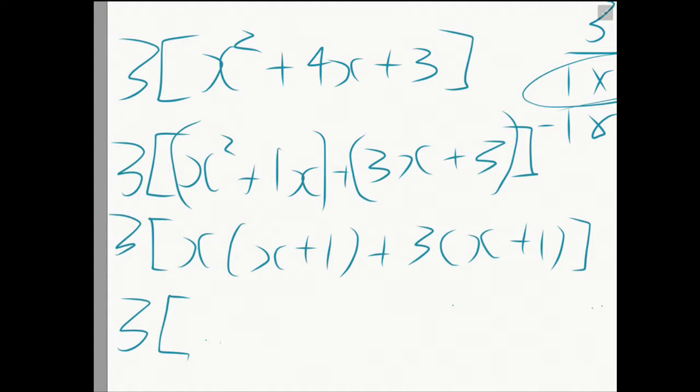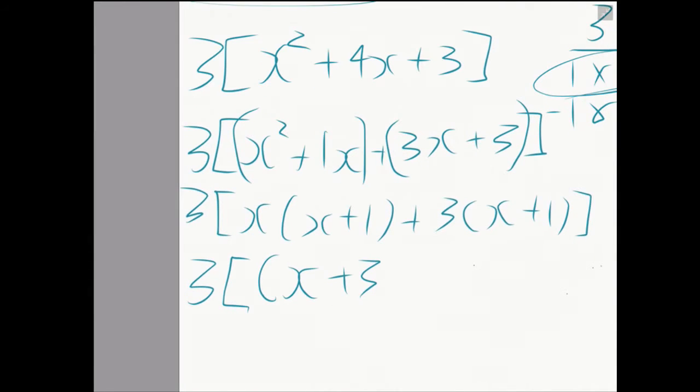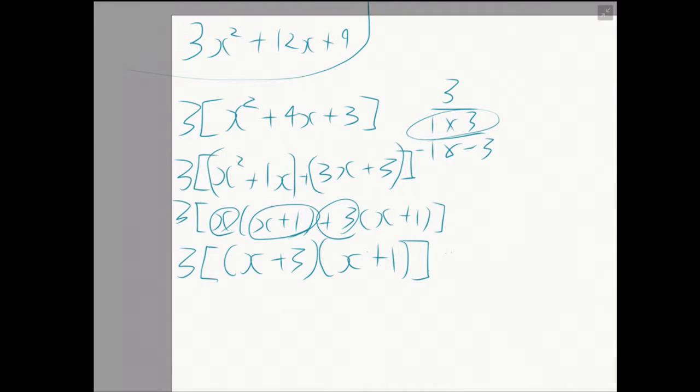We're going to go x plus 3, times one of these, x plus 1. Done. There you have it. That is your factorized form. That is the decomposition model.